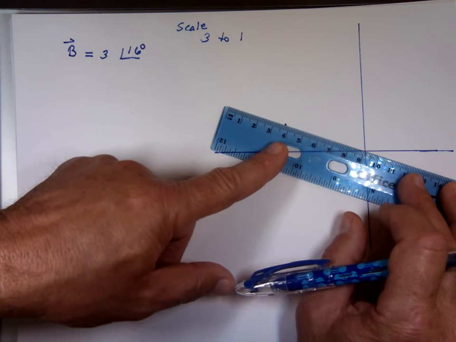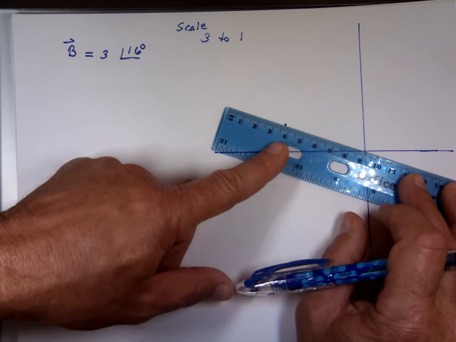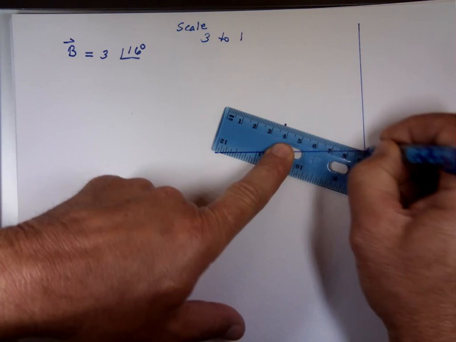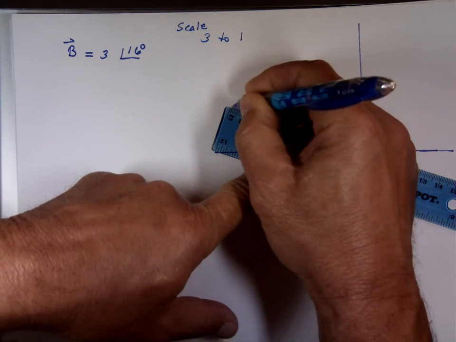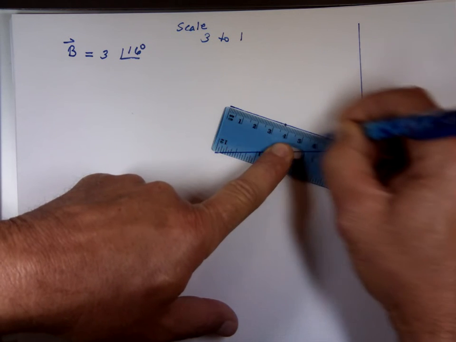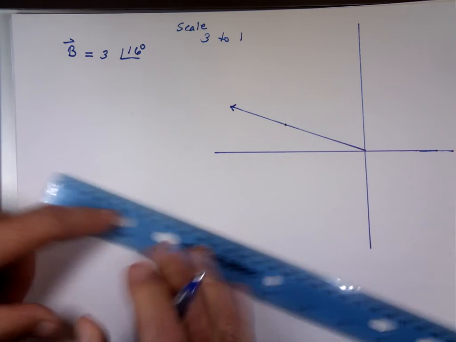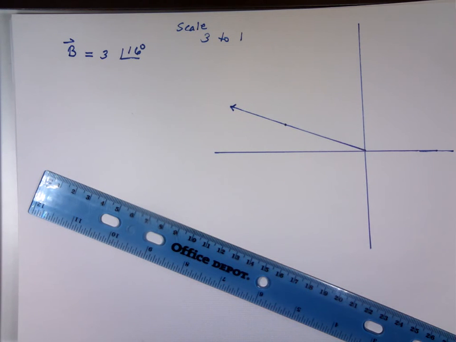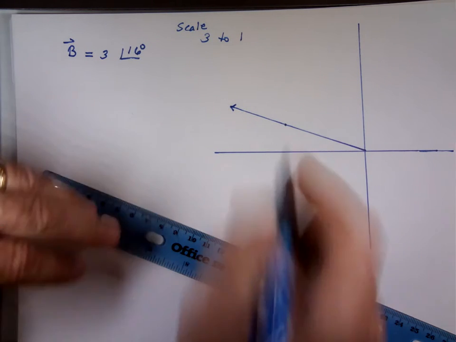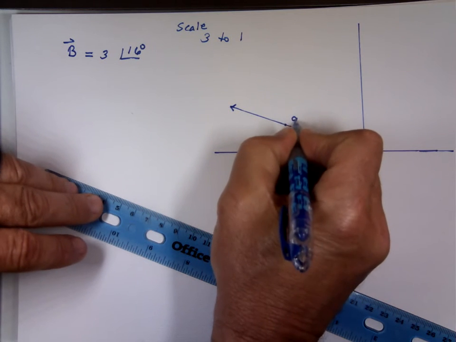So let's line up the 9 here, and make sure that's 9. So the length of this one is 9 centimeters.